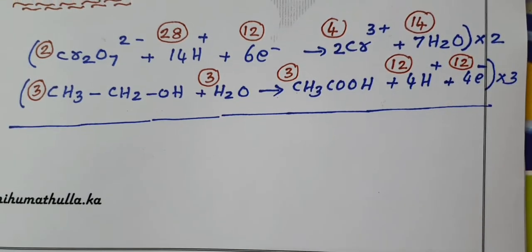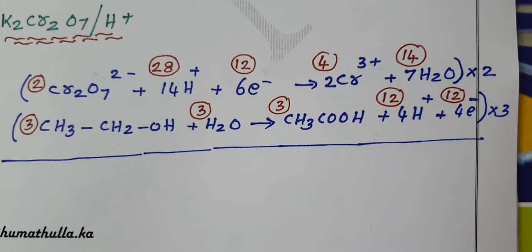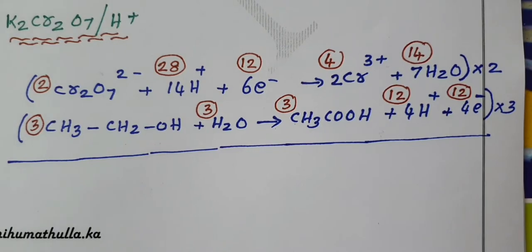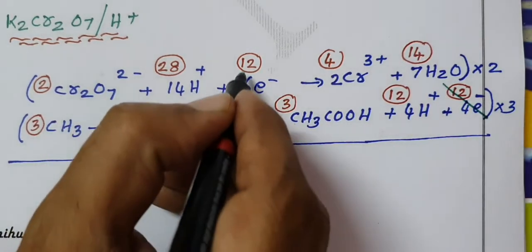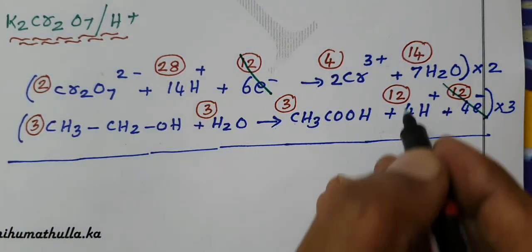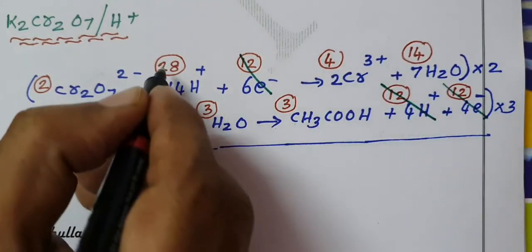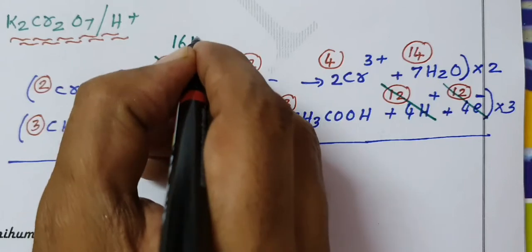Now we are going to add these two equations to get the final equation. Equal molecules and equal electrons get cancelled. First cancel the electrons: 12 electrons get cancelled. Then 12 H+ get cancelled. Remaining we have 16 H+.